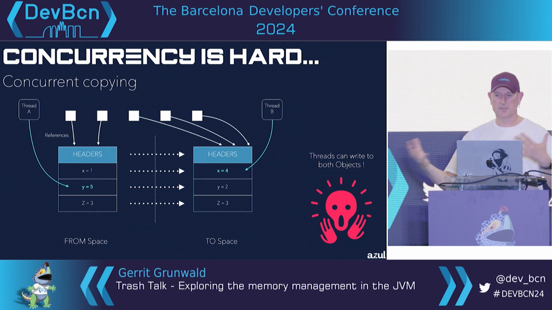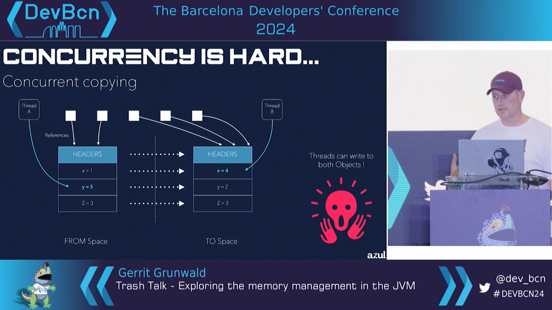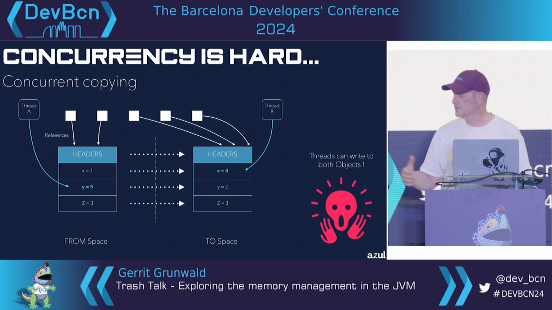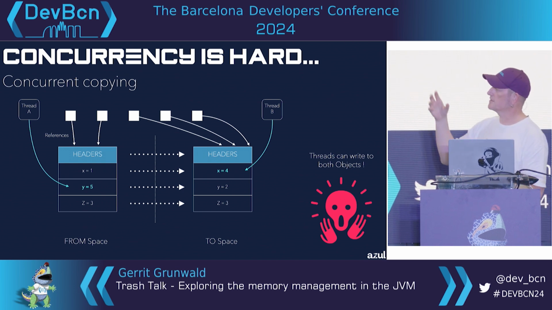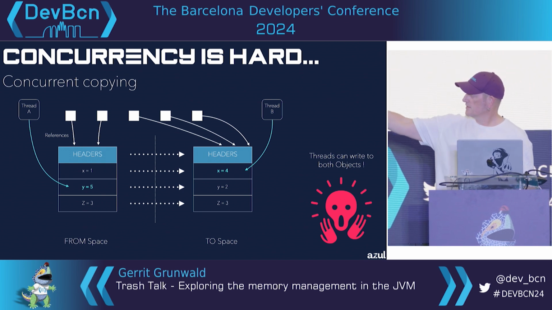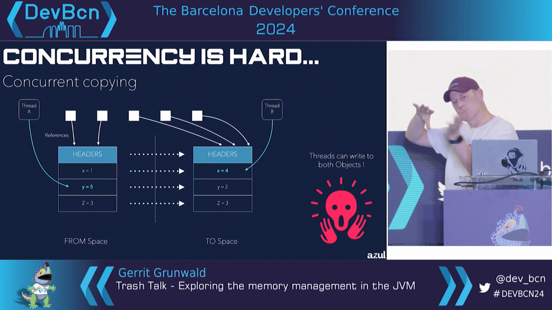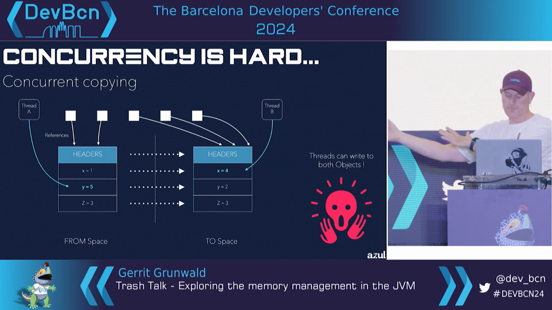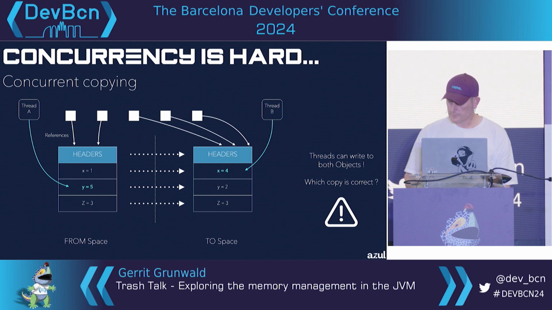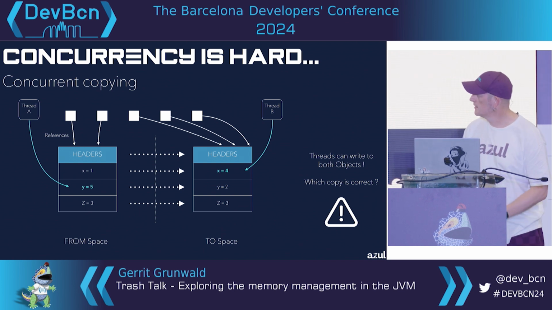Because you don't know which is the real one, which is the live one. This happens all concurrently at the same time. So we need a process to make sure that we can only copy to the new one until all the references are updated, right? One way to do that is the so-called Brooks pointer, right?